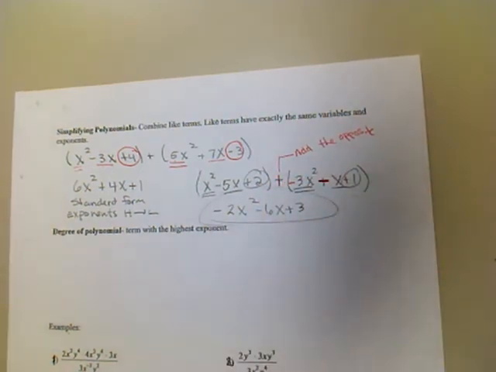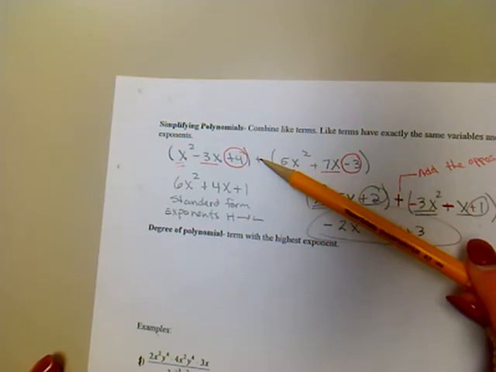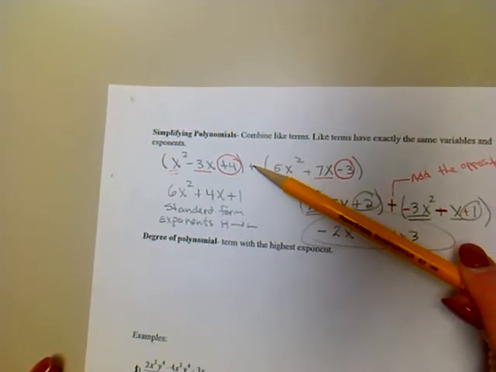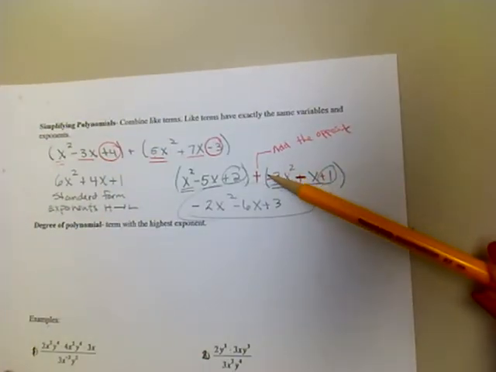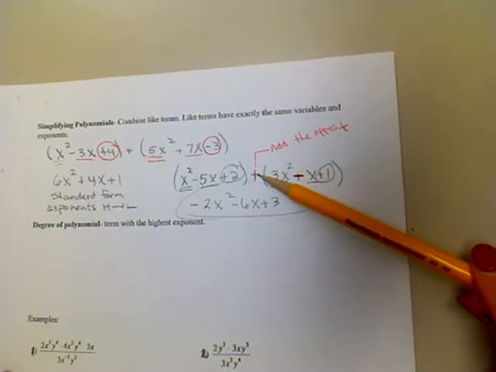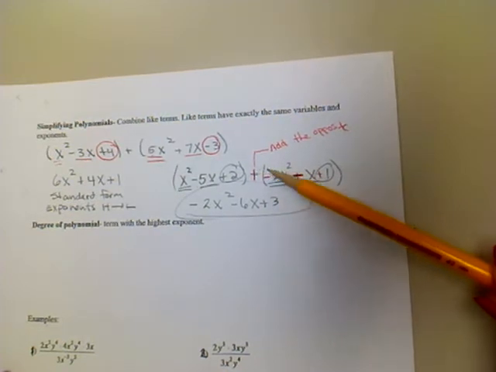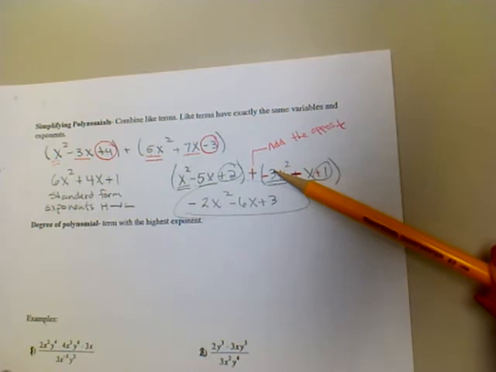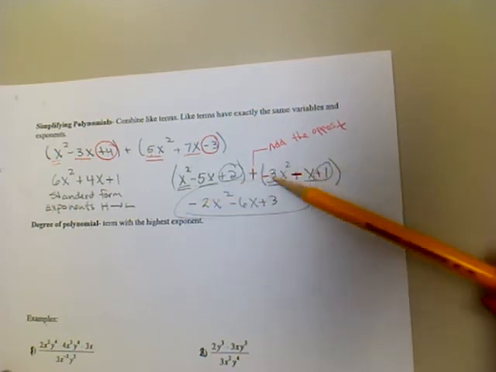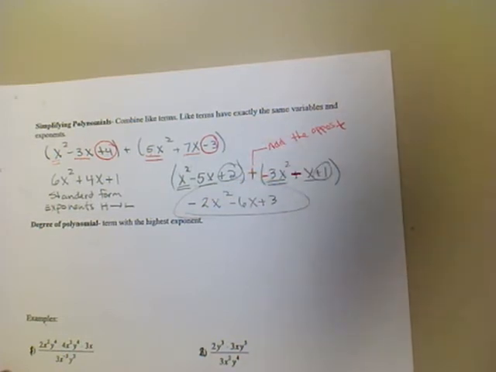So this becomes your final answer. When it's addition, you don't have to worry about it. You're just combining like terms. When it's subtraction, you have to change the subtraction sign to addition, and then all the signs in the parentheses closest to that to their opposites. Any questions on that?